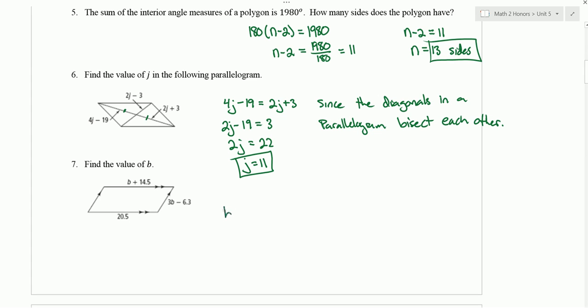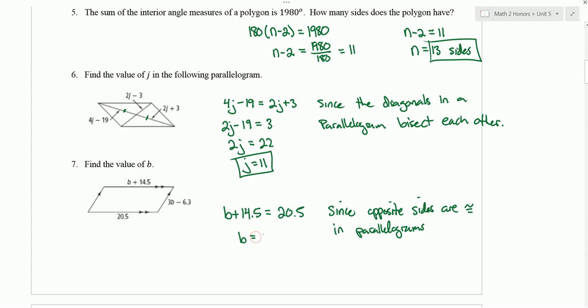So we can say that b plus 14.5 is equal to 20.5, since opposite sides are congruent in parallelograms. And so if we subtract 14.5 from 20.5, we end up with b is 6.